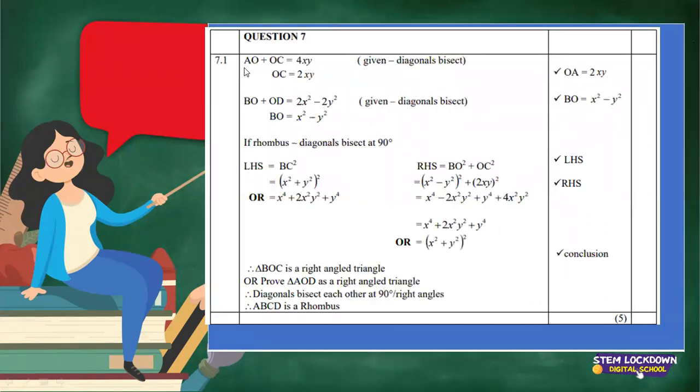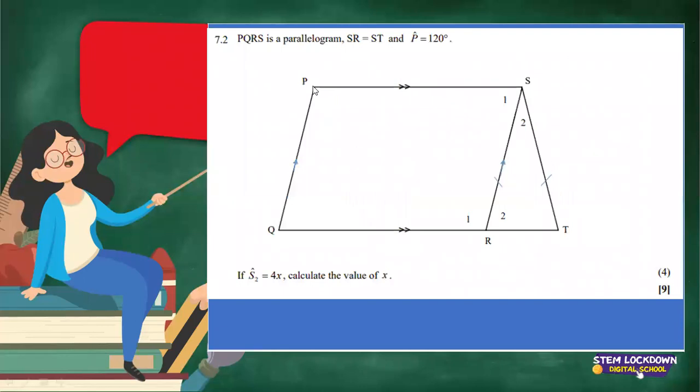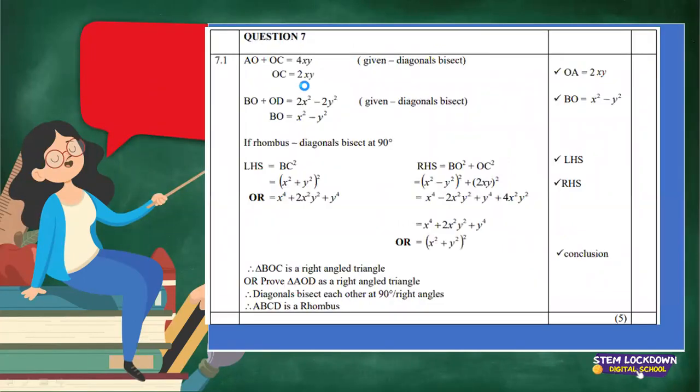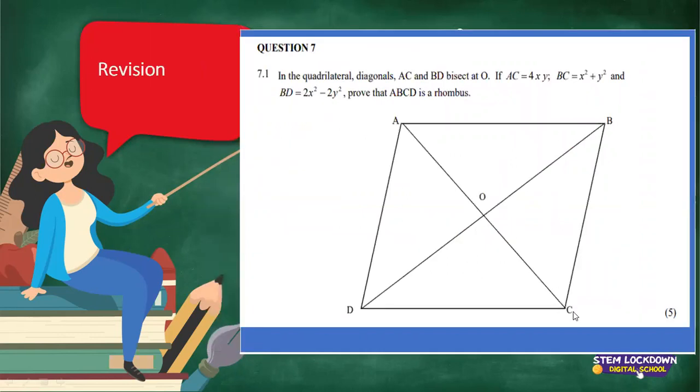Okay, so if this squared plus this equals this squared, then we can say that it's a rhombus. So basically, OA plus OC equals 4xy, so OC equals 2xy. OC is 2xy because everything was 4xy, right?